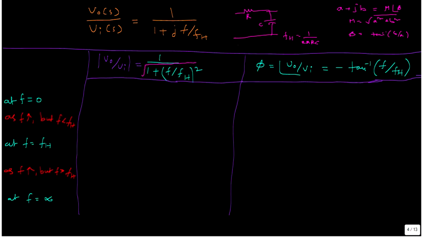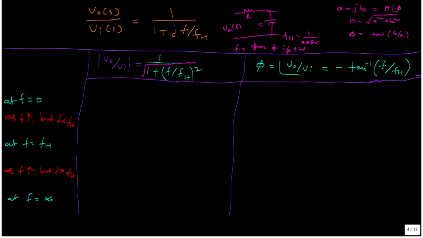Whereas small f is related to V in of s, where s means j omega, which is j 2 pi f. So it is related to the frequency of the input signal. Applied input sinusoidal signal has a frequency f.